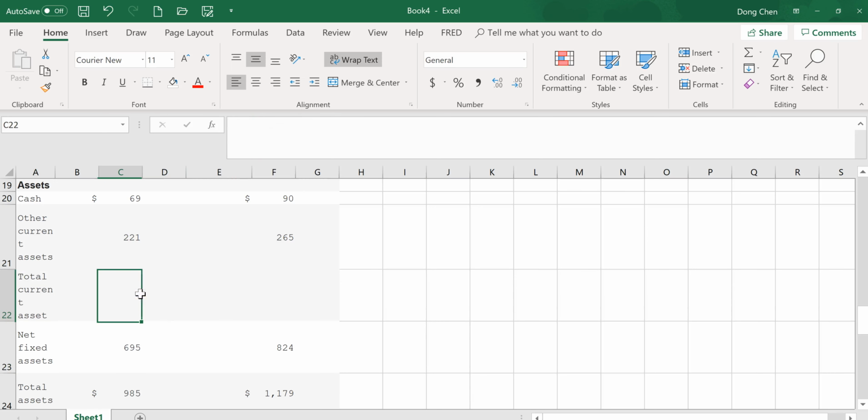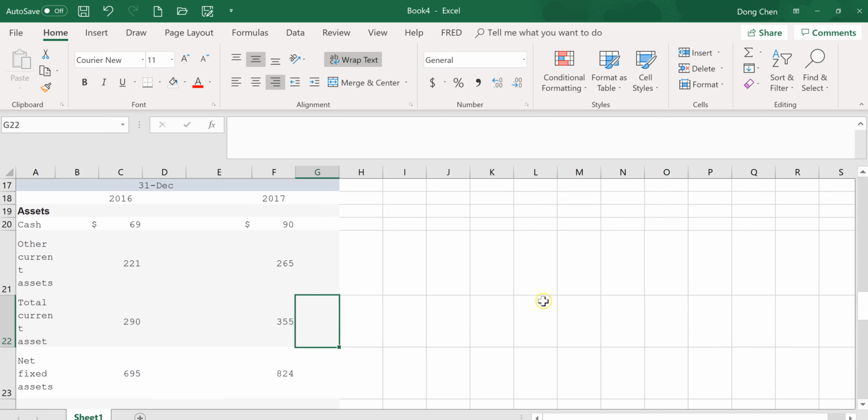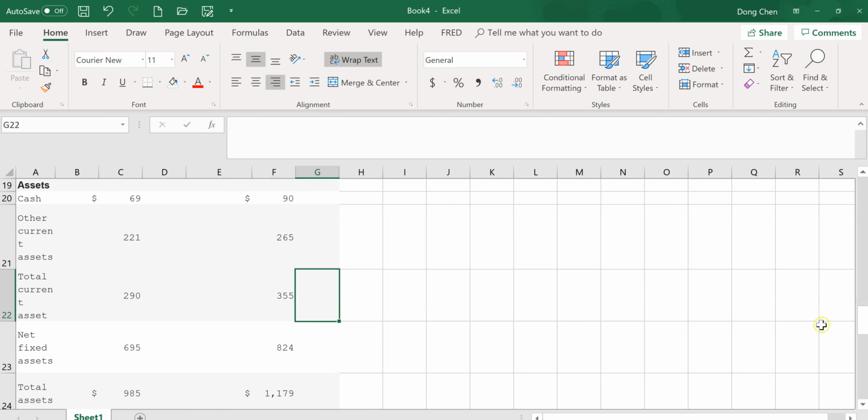Total current assets is the sum of cash plus other current assets. And then you can pull this to the right to get rid of the intermediate numbers because they are meaningless here, and we can get the 2017 level. So that's the total current assets.